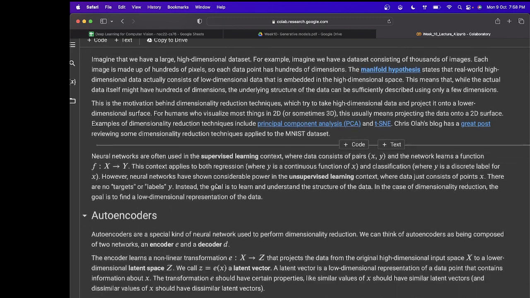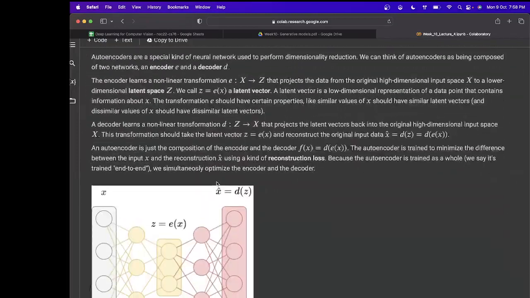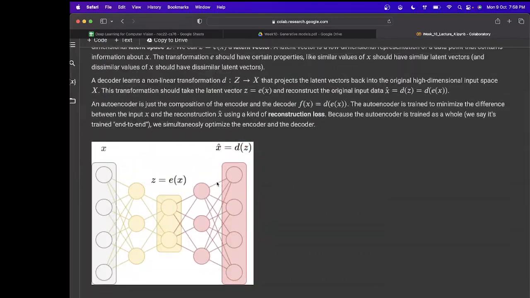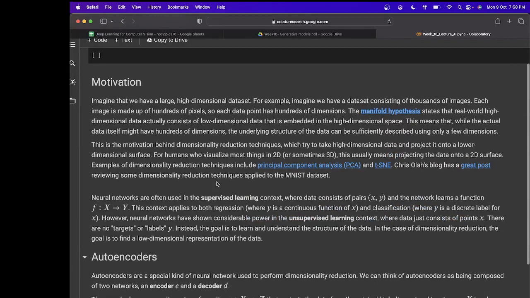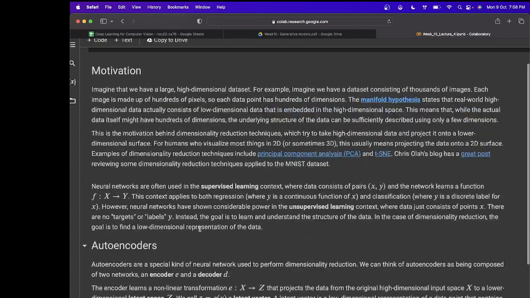You can see we have put all the theory information here for you to understand very well what is going on. We'll start with the motivation part, go through the theory for a little while, and then move on to the coding part.